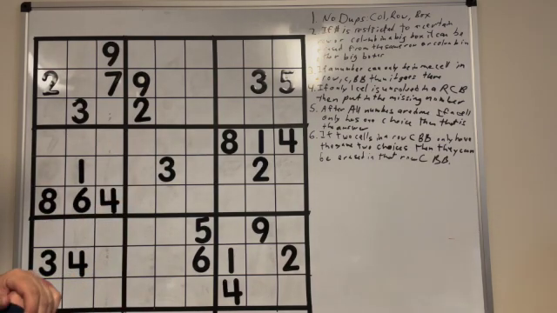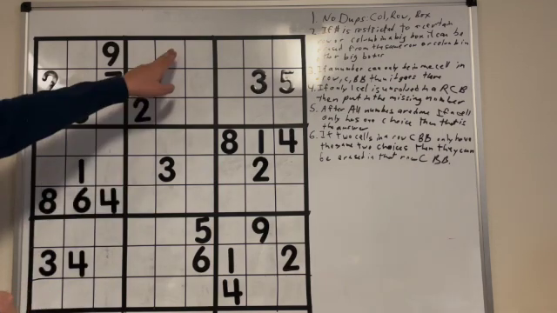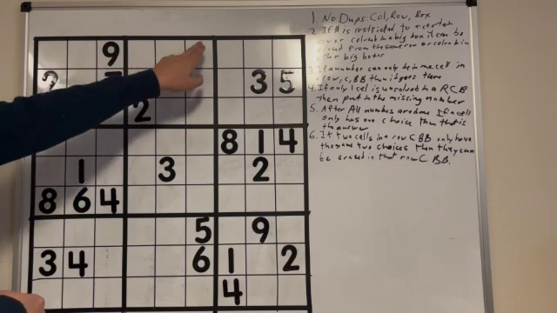Good. Number 6, if 2 cells in a row, column, or big box only have the same 2 choices, then they can be erased in the other cells in that row, column, or big box. So let's pretend we can have a 2, 5 here and a 2, 5 here.